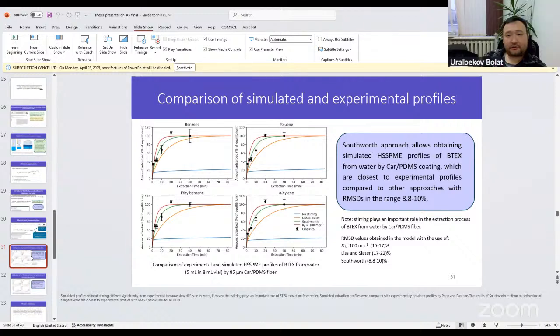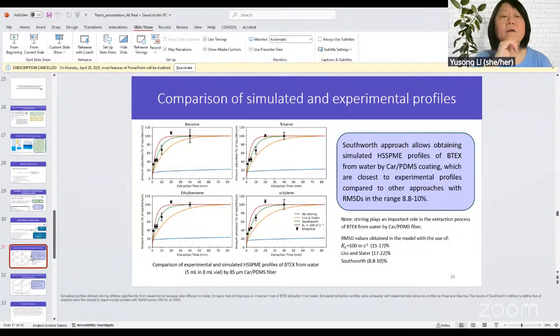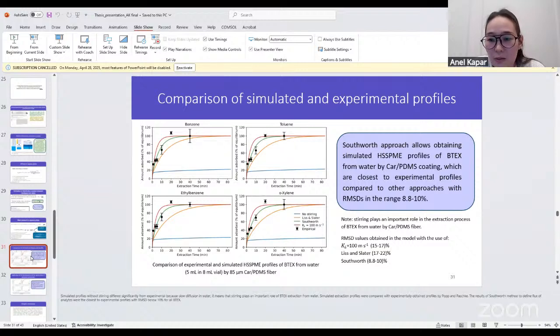Professor Yusong took this experimental data from a previous publication. Okay, so mechanisms were considered, but you use the parameters from the previous studies. Is that right? The mechanism will be the same.